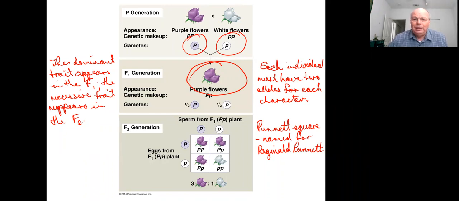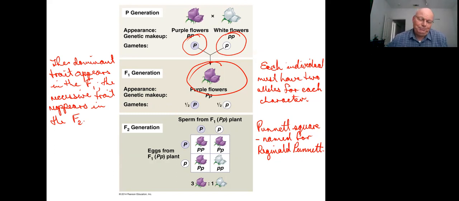And he developed the Punnett square to allow you to predict the likely offspring of any particular cross by identifying the gametes that each of the parental organisms are producing, and what those combinations of gametes will yield in the offspring. So the Punnett square is a really good tool for doing that.